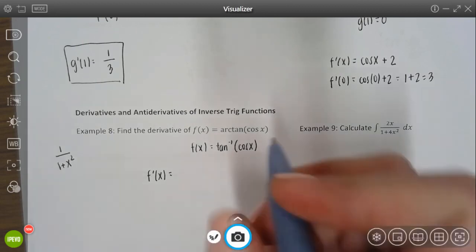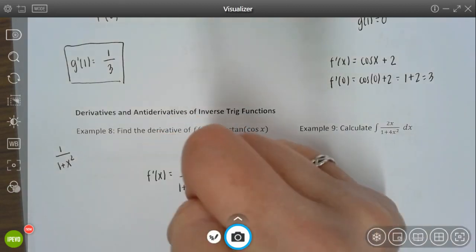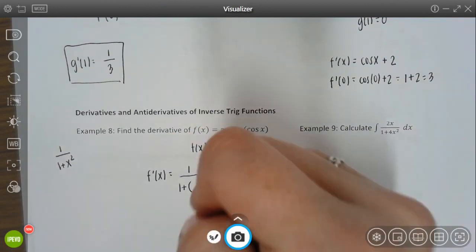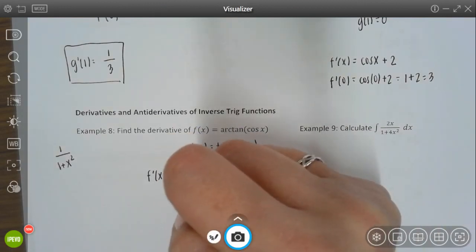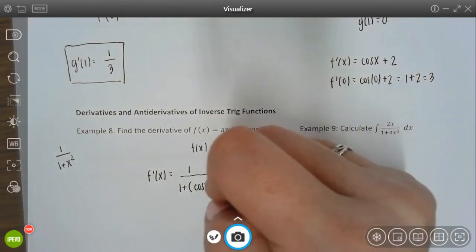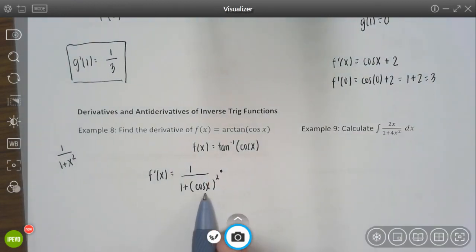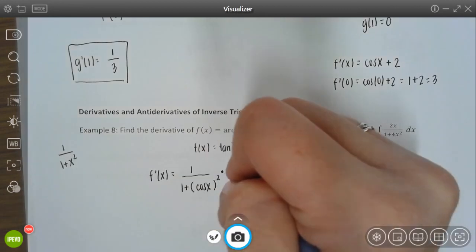So my derivative here would be 1 over 1 plus, again, it's not going to be x squared. It's going to be cosine of x squared, because that's what's on the inside of the parentheses with the inverse tangent. But then I also need to chain rule this. So I need to also get the derivative of cosine. So that's going to be times negative sine of x.